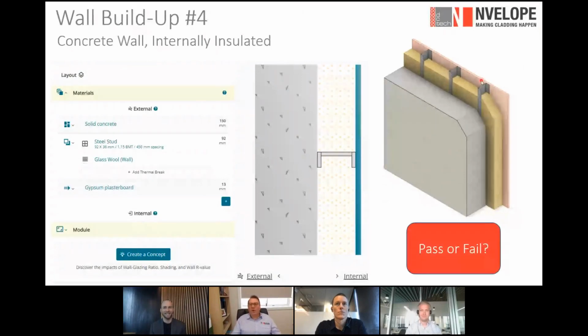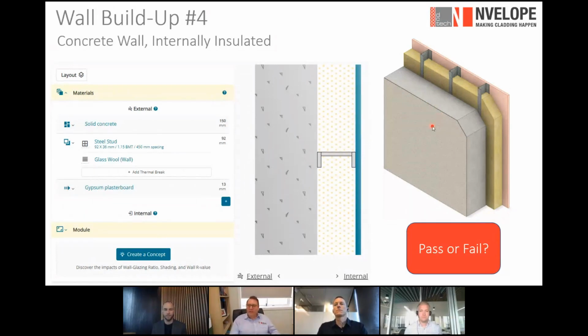We have plasterboard on the inside, or internal wall lining of sorts, a 90mm stud, or could be larger depending on our R value, bulk fibre insulation, and this is hard up against the concrete wall. So we're using the concrete wall itself as the actual rain screen, the actual facade, so to speak. We're literally painting it or rendering it, and you've got a flat surface, so why not?